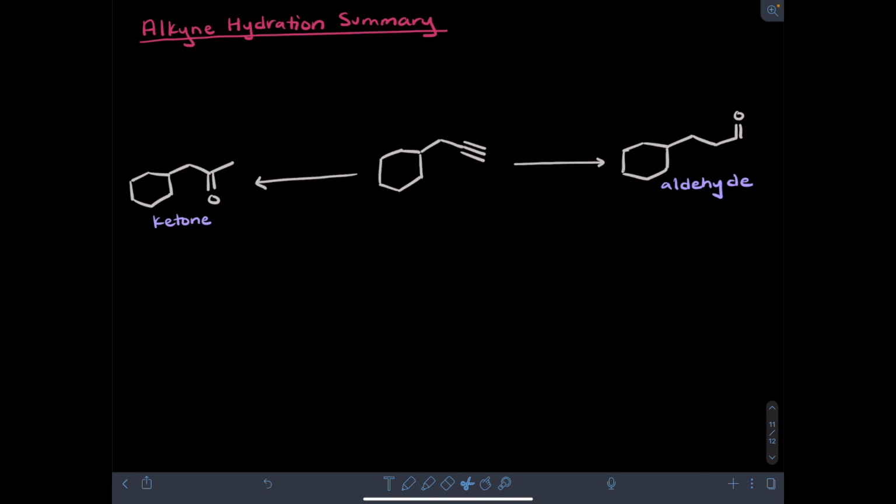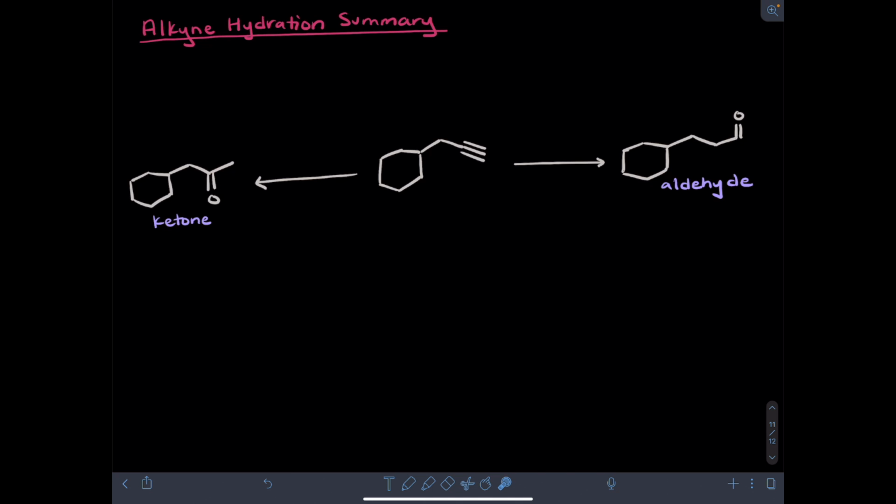Alright, so now I've shown you two variations of alkyne hydration. So let's imagine we're starting with this alkyne in the middle and trying to figure out reagents to generate either this aldehyde or the following ketone. These two carbons of the alkyne are these end two carbons that are either present in the aldehyde and its neighbor or the CH3 group and the ketone.